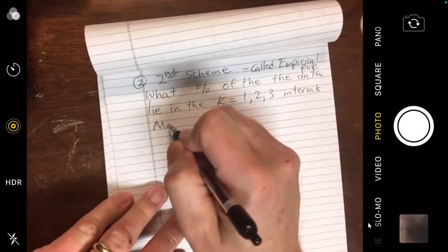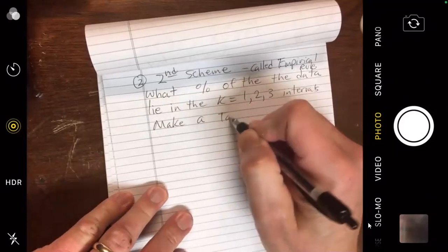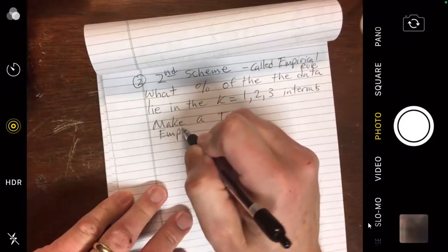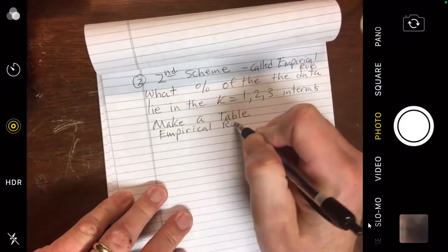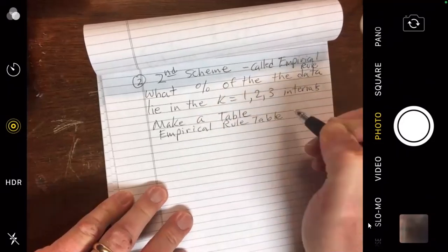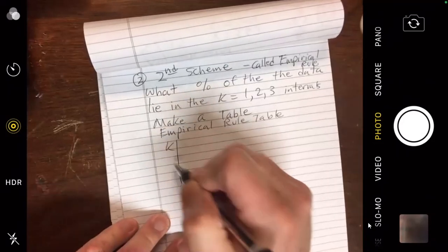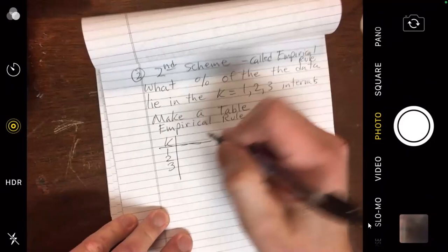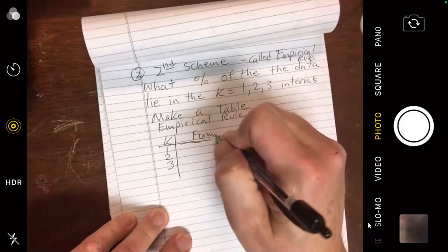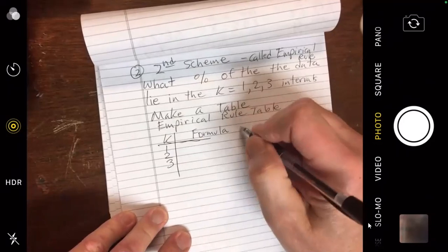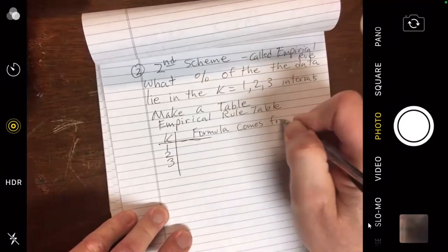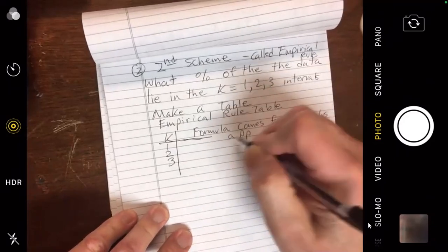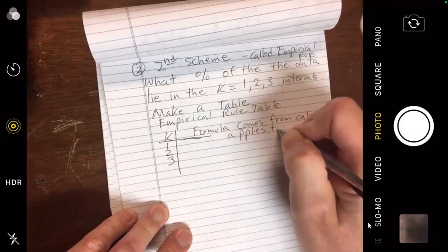You make a table, very cleverly named the empirical rule table. It will have all 3 numbers in it, 1, 2, and 3. The formula for it comes from calculus. And this applies to a bell curve.